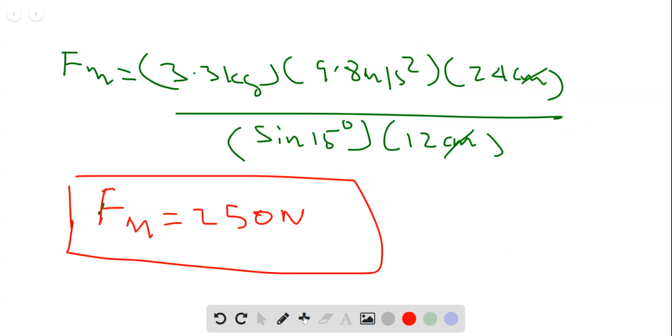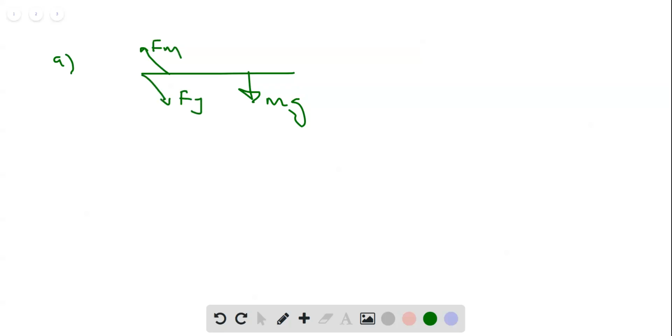The next part of the problem is part B, where with the assistance of free body diagrams, this is mg, this is Fm, and this is Fj.